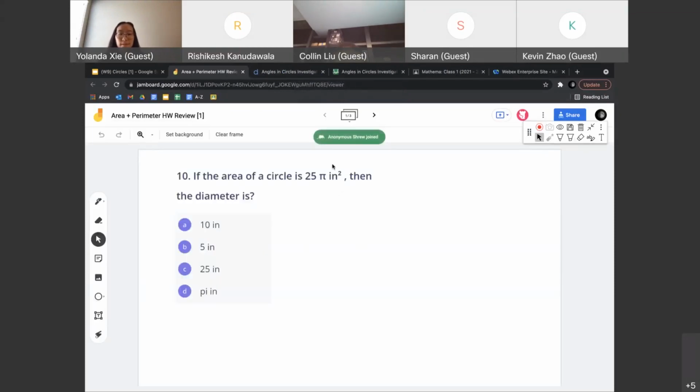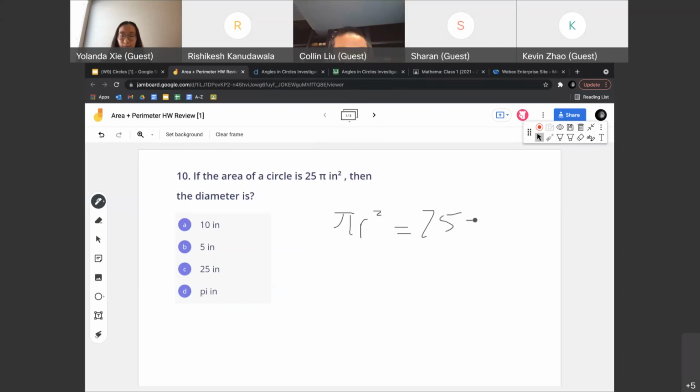All right, so here's a problem that was commonly missed. If the area of a circle is 25 pi inches squared, then the diameter of the circle is... Okay, so remembering what we learned last time, the area of a circle equals pi r squared. So pi r squared equals 25 pi, because it says so in the problem.